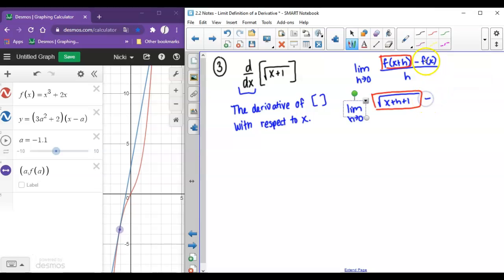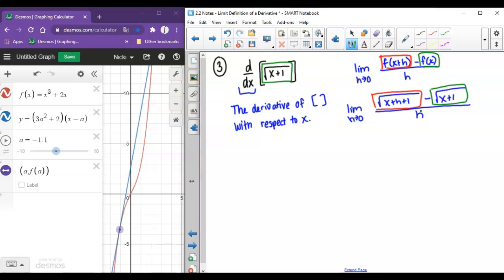Then I'm going to subtract f of x. Well, f of x is just square root of x plus 1. We know that because it's what's on the inside of our brackets here. And then for our limit definition of derivative, we always put this over h.